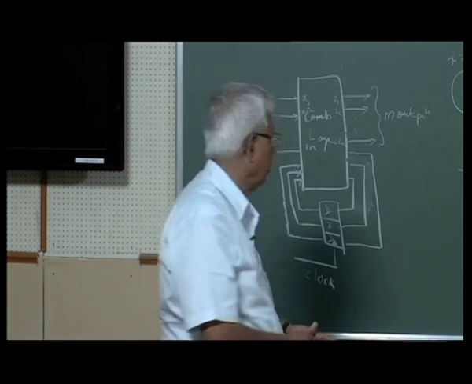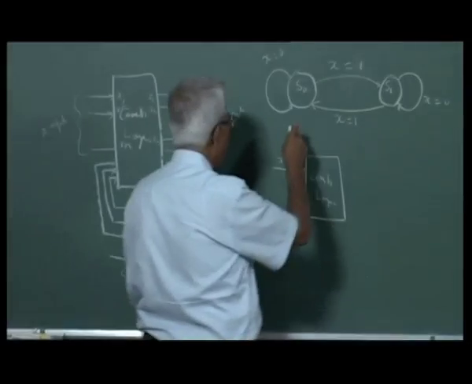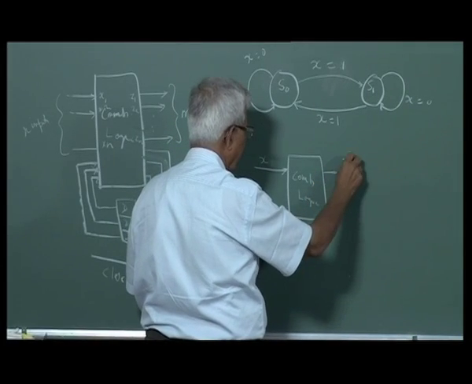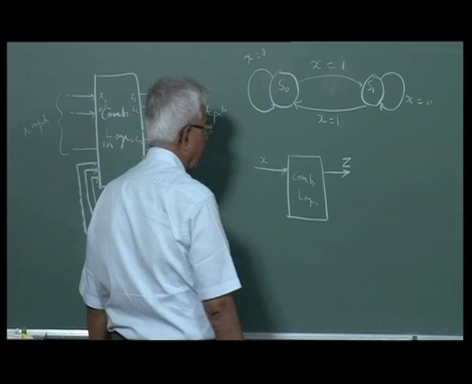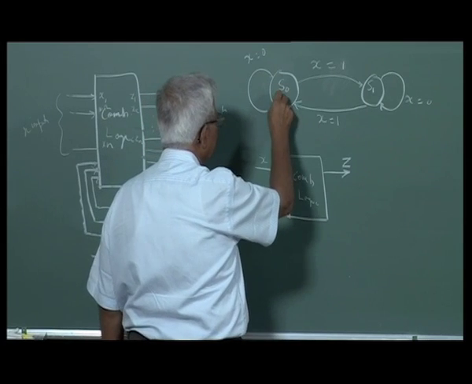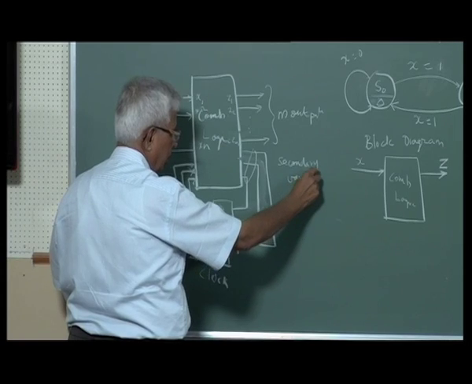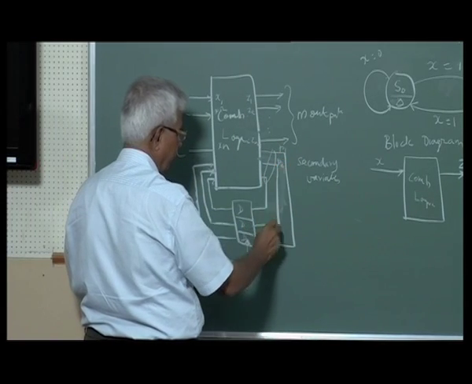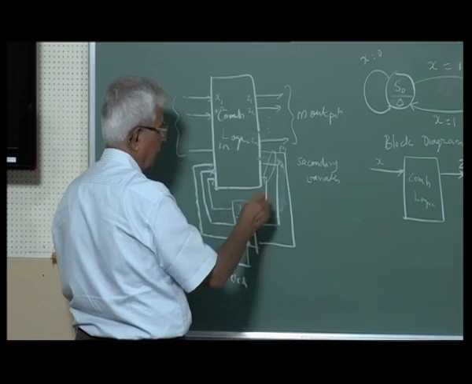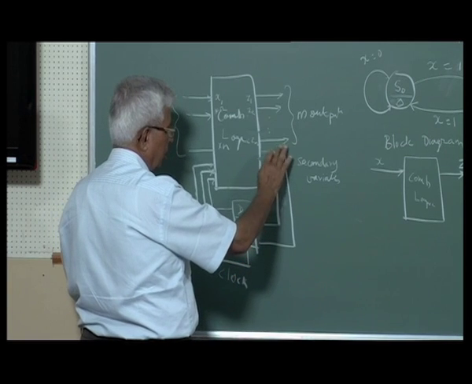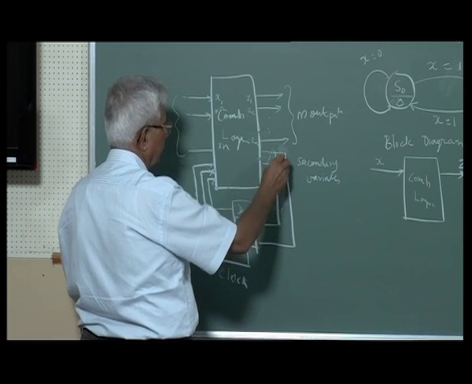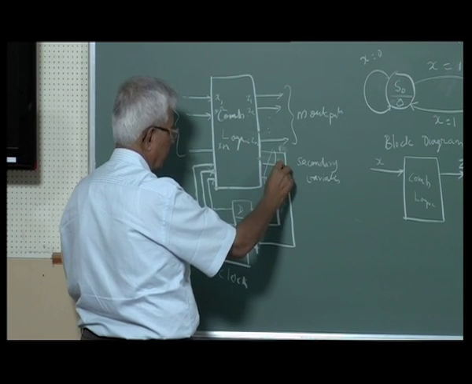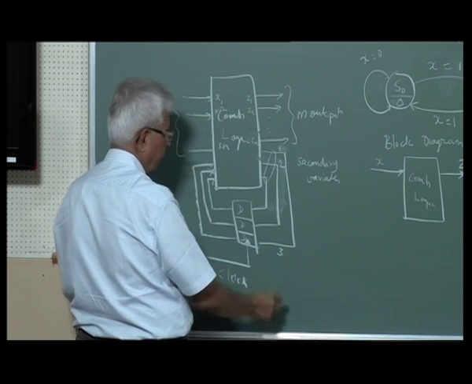Now, we will also assume there is an input x and an output z, and let us say p outputs, z1, z2 up to zp.